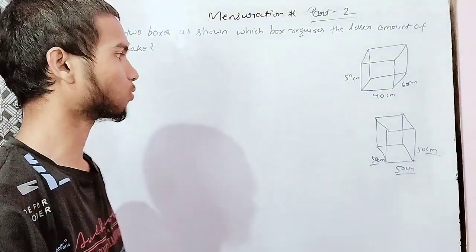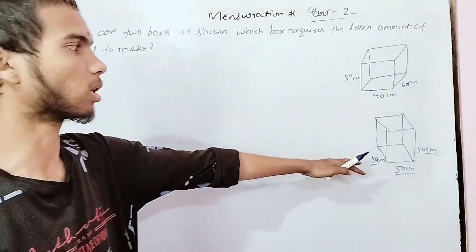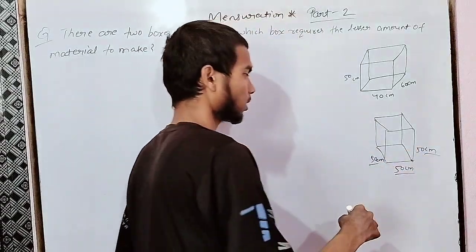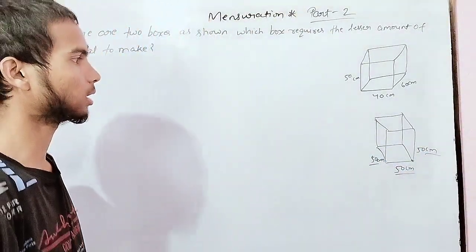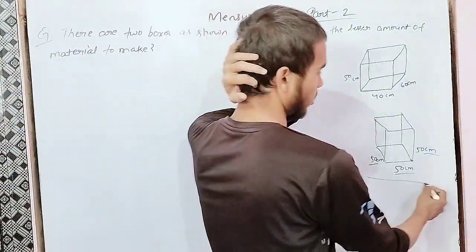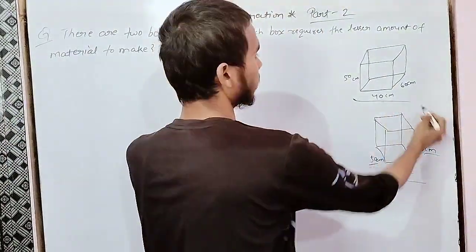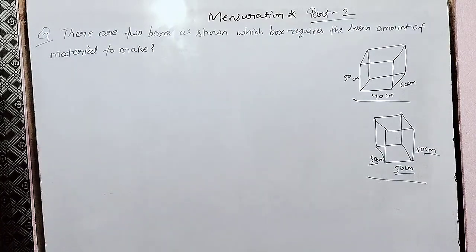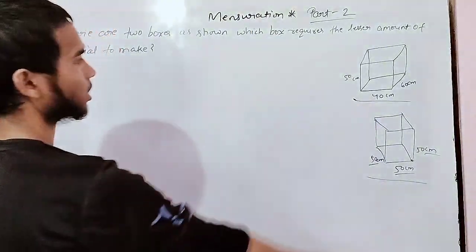Second step is to find the total surface area of this cube. Here length, breadth, height are equal to each other, that's why this is the shape of a cube. Here length, breadth, height are unequal, that's why this is the shape of a cuboid. Here six faces are in the shape of a rectangle.